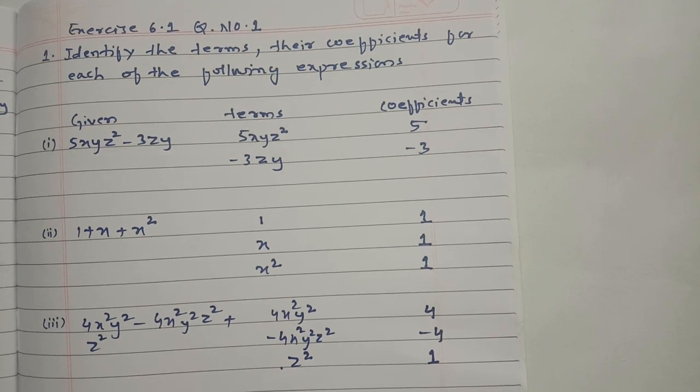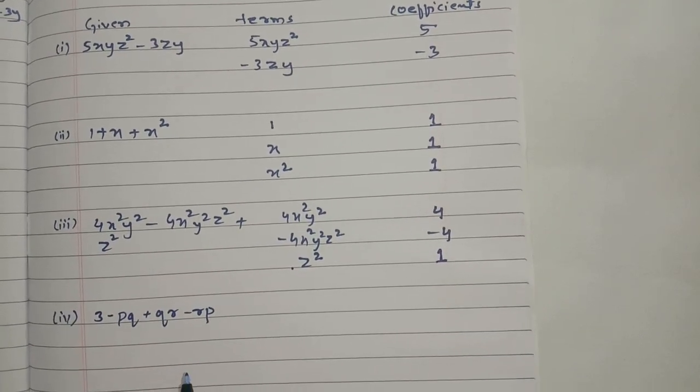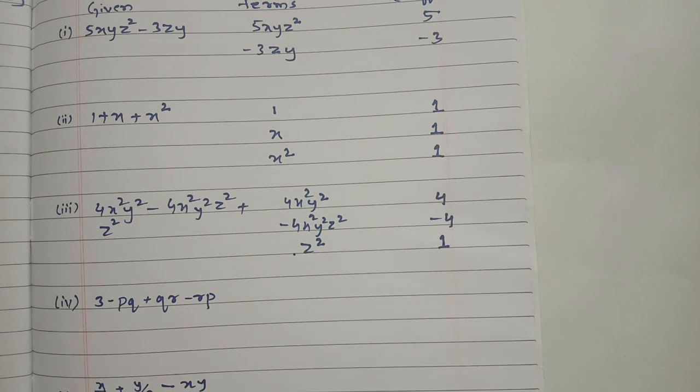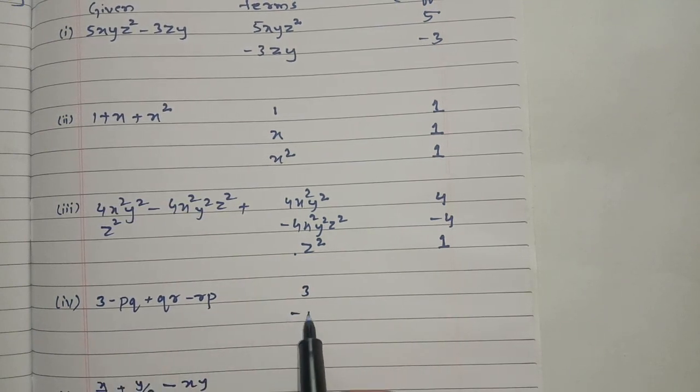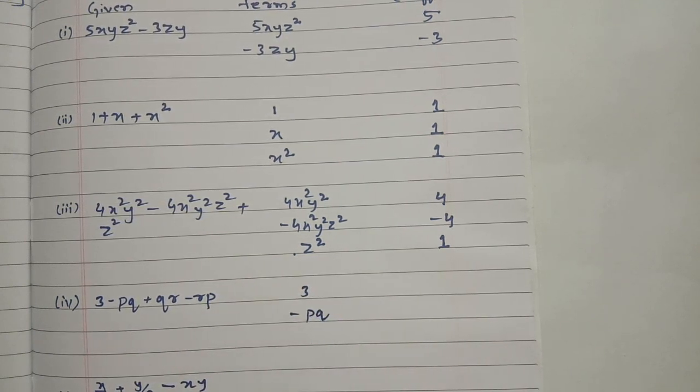Now let's move to the fourth question. First we have to write the terms. 3. Total 4 terms are 3, -pq, third term qr and fourth term -rp.